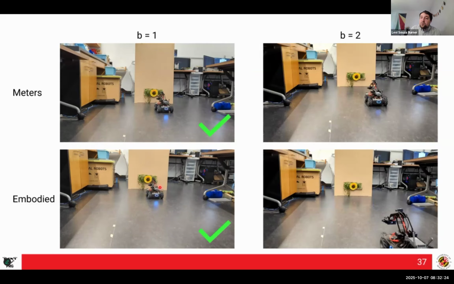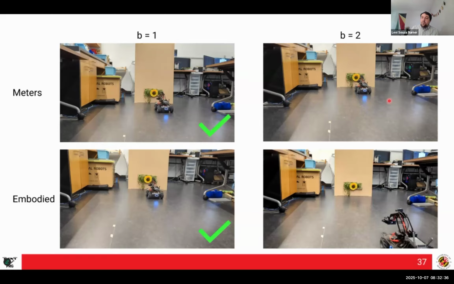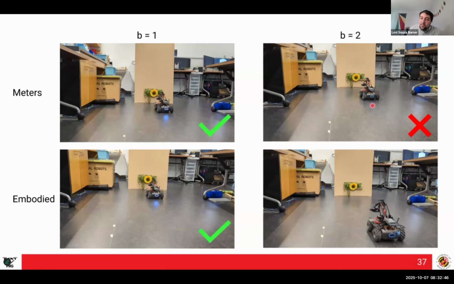But the trouble begins when you change the robot and don't tell it. So for example, in the top right here, I have made the robot's motors twice as strong as before, and we're running the same control system as before. And the result is that the open loop gain is twice as much, and so the thing destabilizes, it crashes into the flower and generally fails. It never settles. But for the embodied system, this change in motor strength is not a problem.